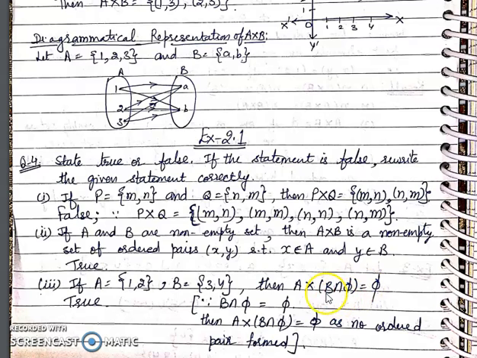Yes, this is true because B intersection with the empty set is the empty set. I told you earlier, in a cross product, if one of the sets is empty, then their cross product is also empty. So as B intersection phi is phi, their cross product is also phi.